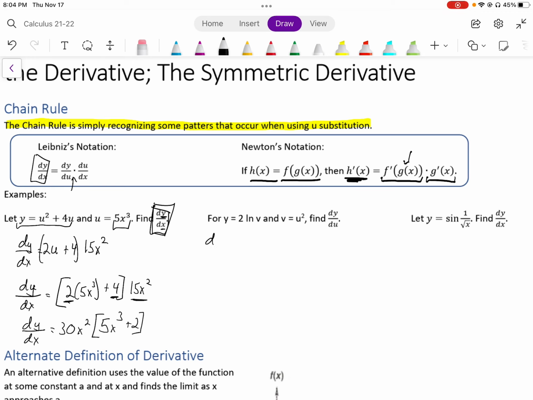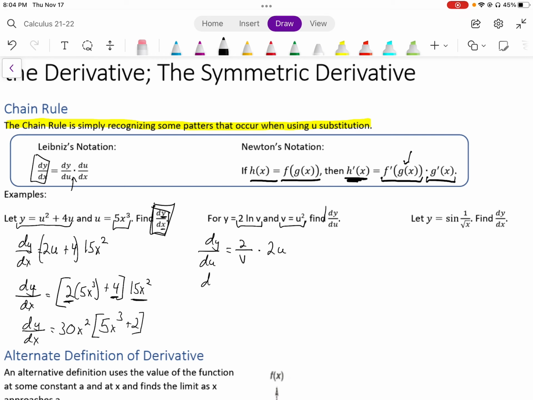dy du. Well, it's going to be dy dv, so we're using a v here. So dy dv is going to be 2, derivative of natural log of v is just 1 over v, so 2 over v, and then times dv du, and so this is going to be times 2u.